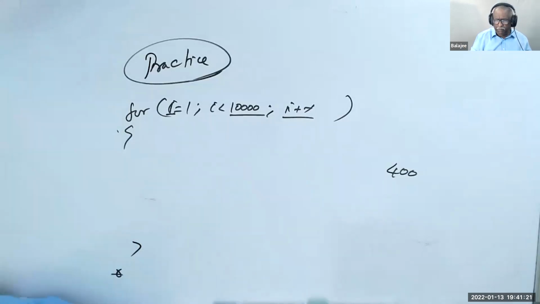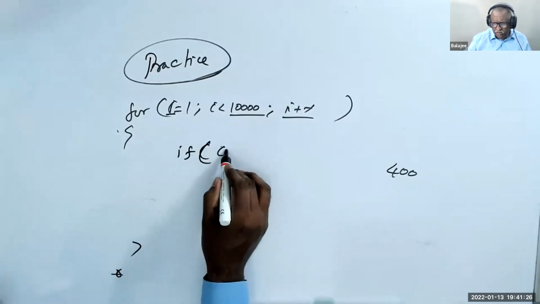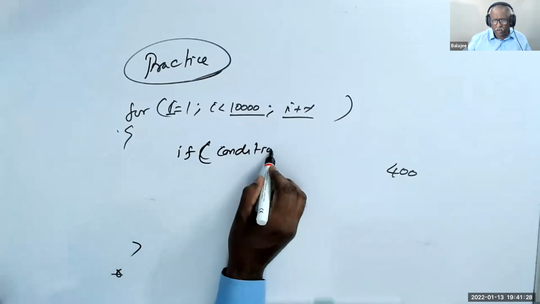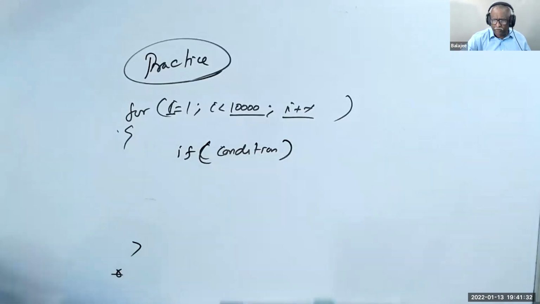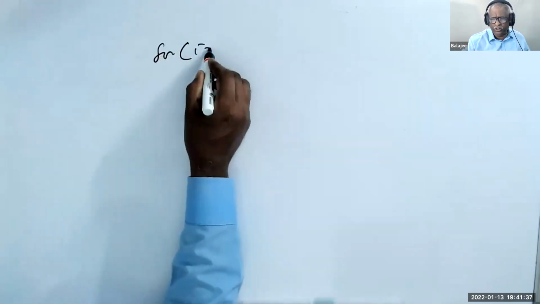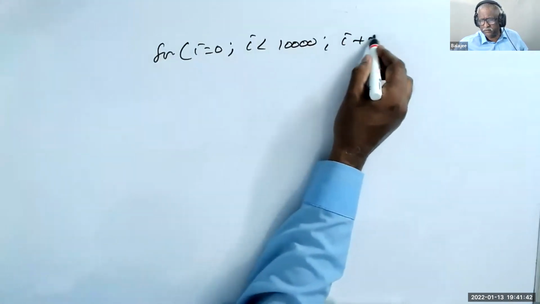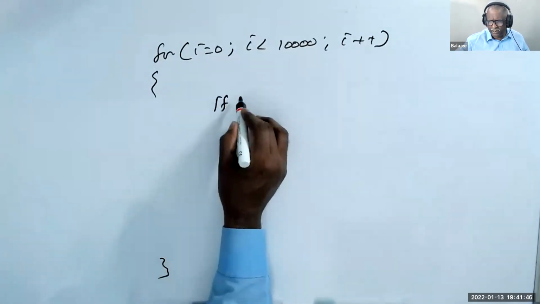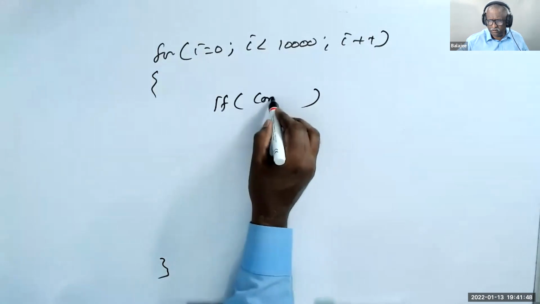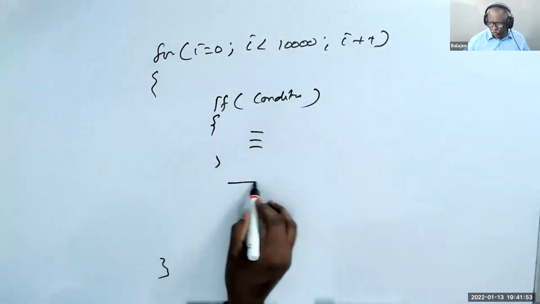You check a condition. How many possibilities do you see? Let me do the bigger way, then you will understand. I say a for loop: for i equals 0, i less than 10,000, i plus plus. You check for a condition, if condition, then you will do this and continue doing this also.